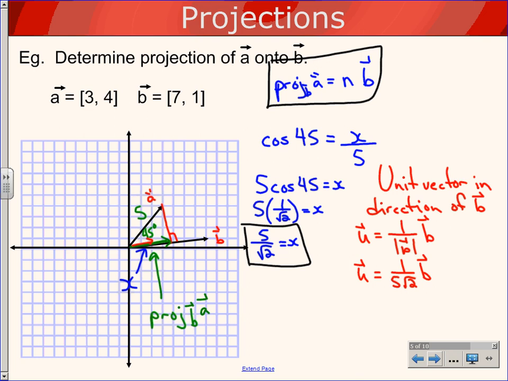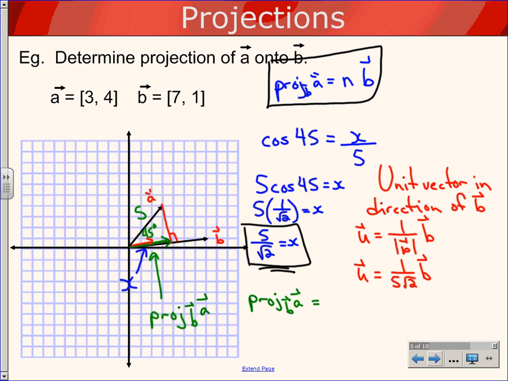Now, I want the projection to have a magnitude of that 5 over root 2. So all we need to do is take that 5 over root 2 and multiply it by the unit vector that we had.